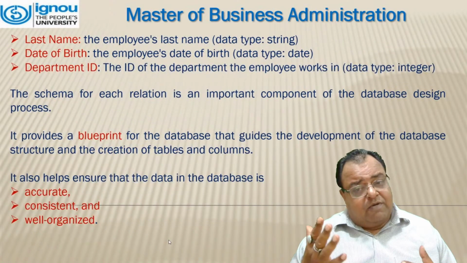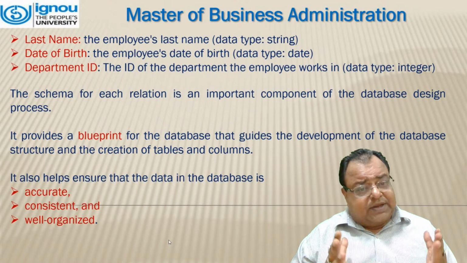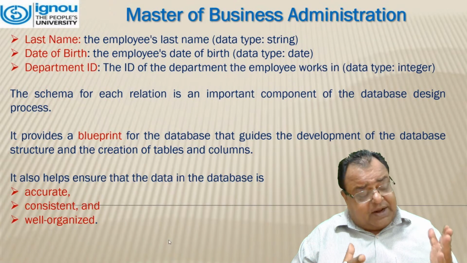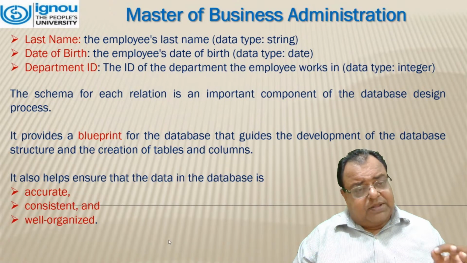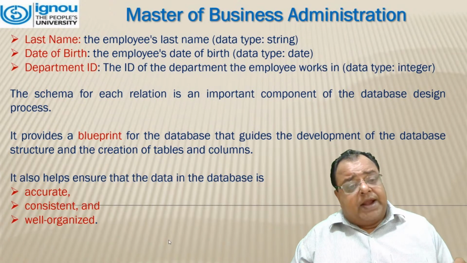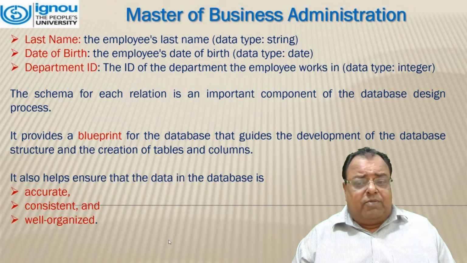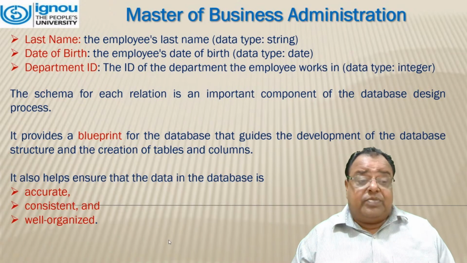Again, it will be a string. Date of birth, the employee's date of birth. Here the data type will be date, and the date format is month, date, or it can be date, month, year. Department ID, the ID of the department of the employee in which they work. Here the data type will be integer.